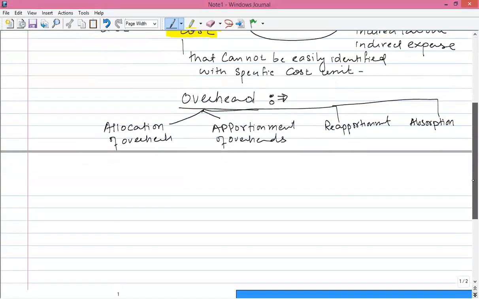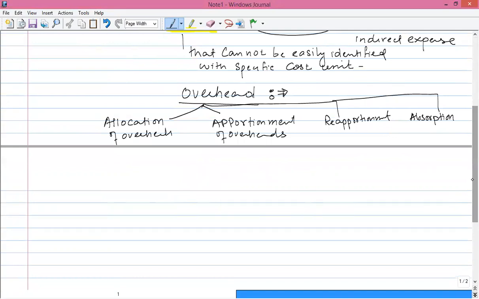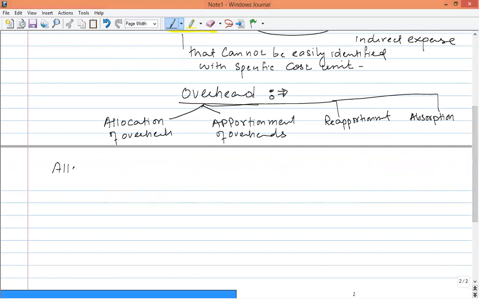Through all these steps we can charge overhead cost into a specific cost unit. So let's discuss what is the meaning of allocation of overheads and what type of indirect cost can be transferred through this process.